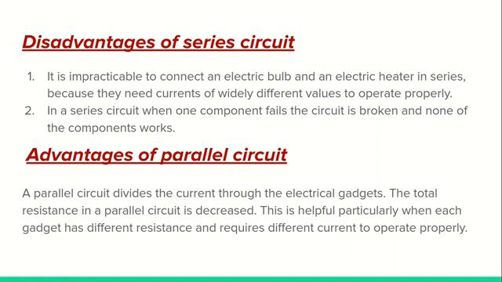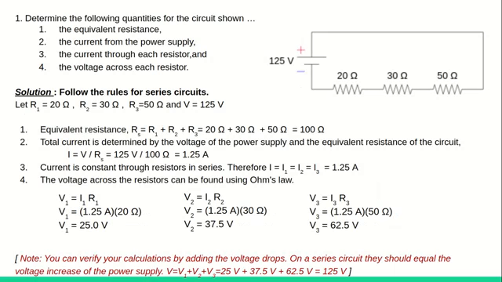I hope you have now understood the concept of series and parallel circuits, and so, applying the two equations that we have learned till now, we shall see problems based on it. The first question: determine the following quantities for the circuit shown.